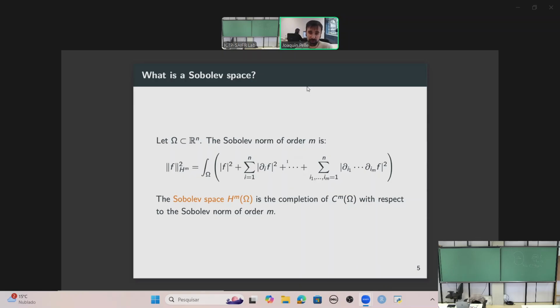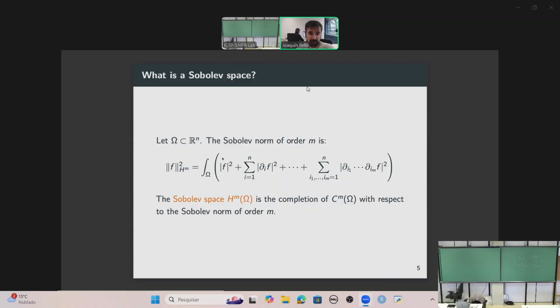But now we consider also the derivatives of the function that we are trying to calculate the norm of. So essentially, the Sobolev norm is an extension of the L2 norm that takes into account also the derivatives.